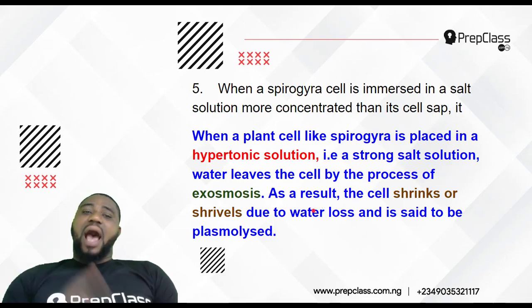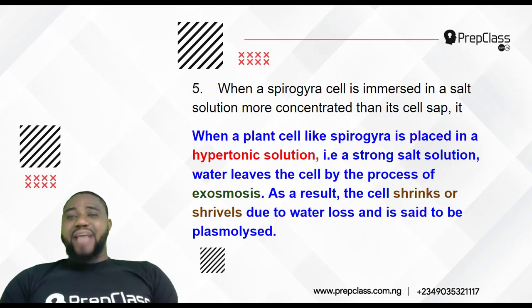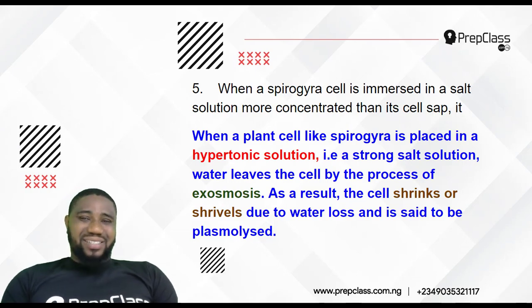Note the difference. Hypertonic solution: strong salt solution, the concentration of salt in that solution is higher than that in the cell. Hypotonic solution: no salt concentration, the concentration of that solution is lower than that in the cell. Isotonic solution: the concentration of salt in that solution and the cell is the same.